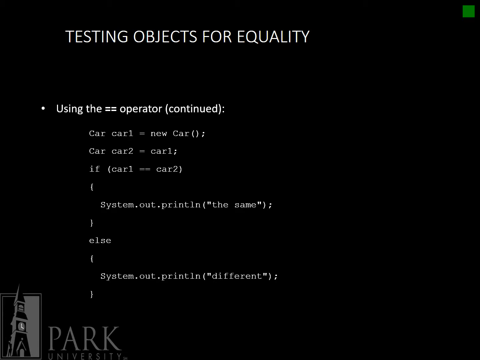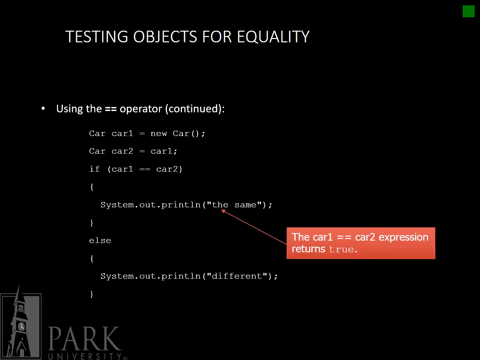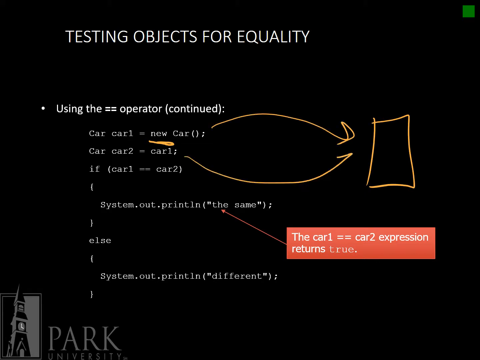So for this example, what does this code fragment print? Hopefully you figured out that it's going to print out that they're the same, because this is just like the first cases when we were trying to make a copy of the car. We only created one copy of the car. So car 1 and car 2, right, they both point to the same object.